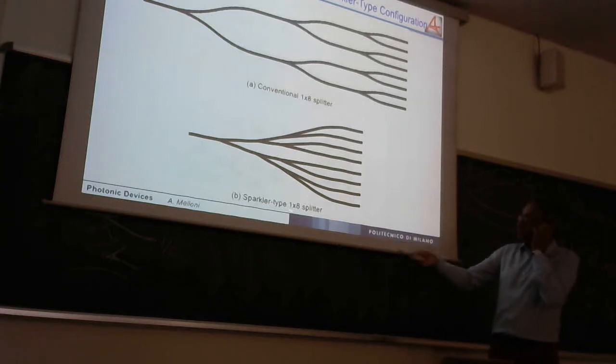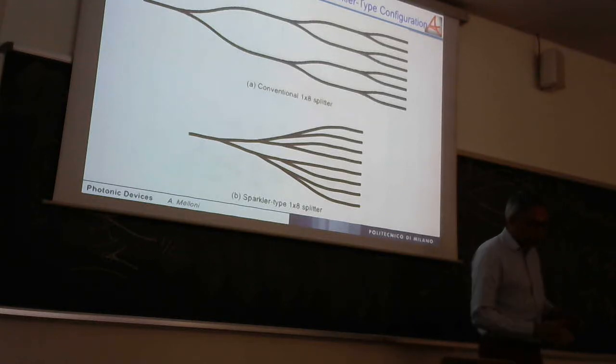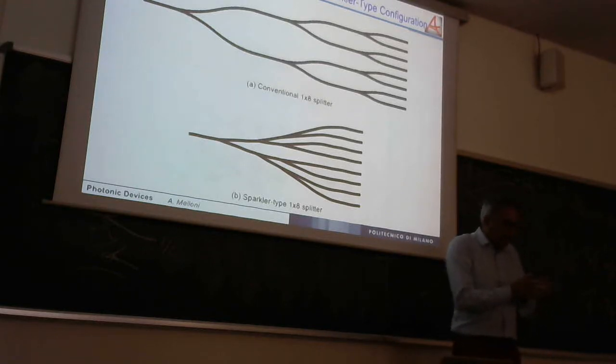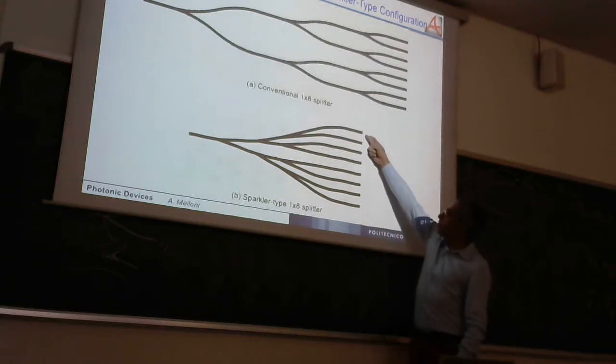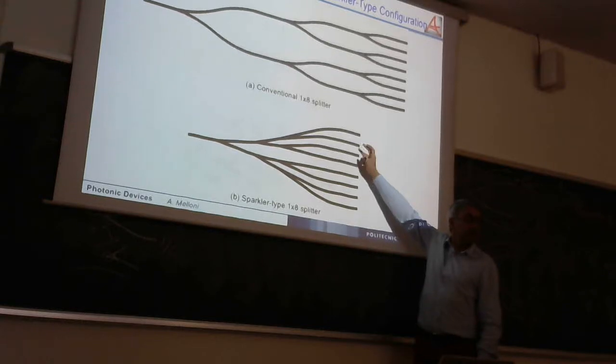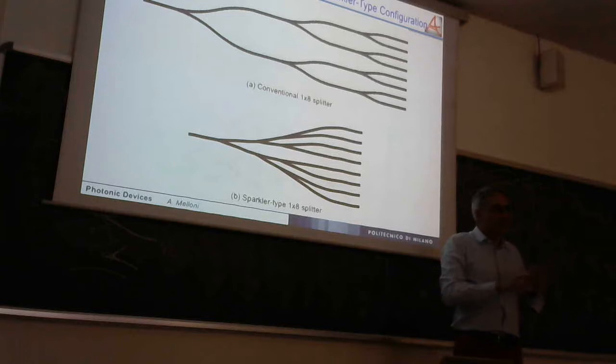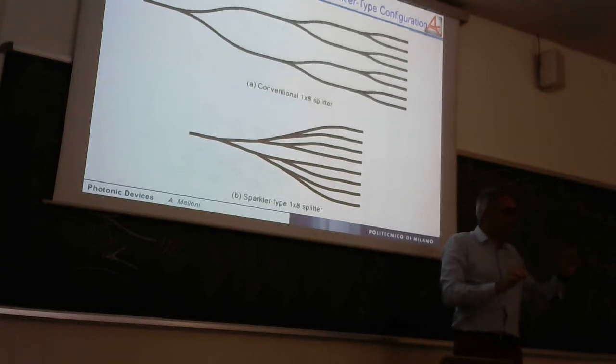The Y branch is very useful for this because it keeps the symmetry, divide by 2. So you are sure that here you divide by 8. If you do it with directional couplers, it's difficult to have exactly 50-50.